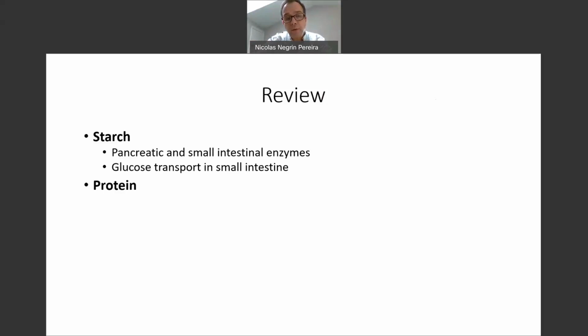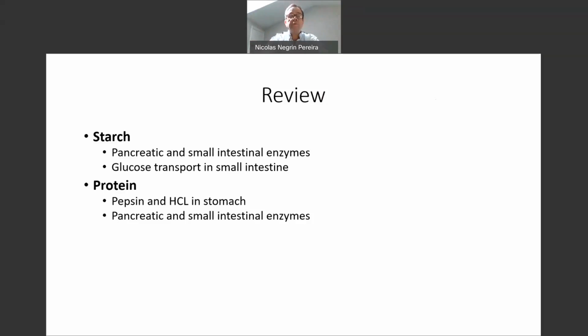Then we went through protein digestion and absorption, where pepsin and hydrochloric acid were fundamental in the stomach, followed by the action of pancreatic and small intestinal enzymes to produce peptides and amino acids, which were transported by specific, sometimes sodium-dependent, transporters.